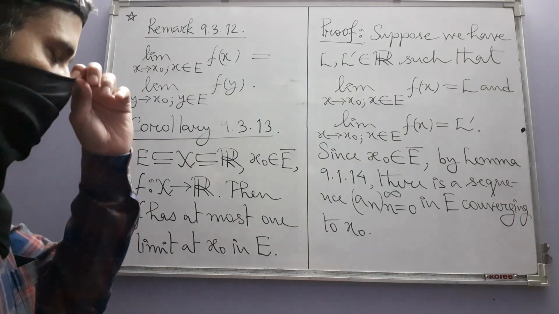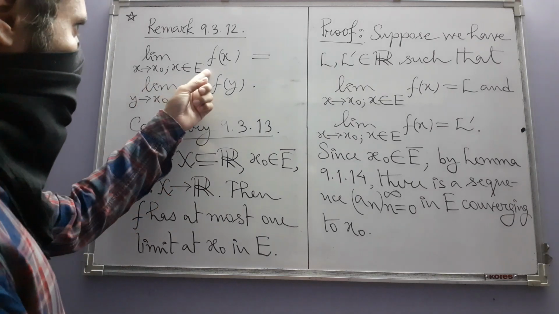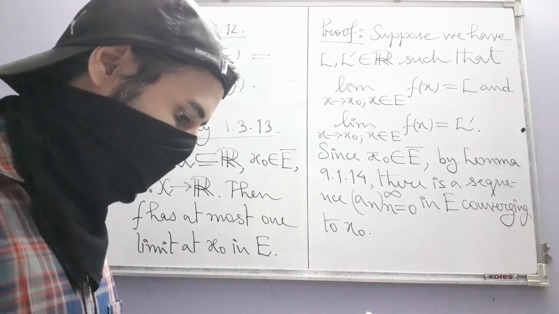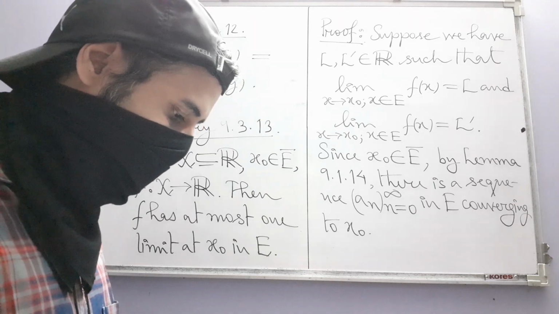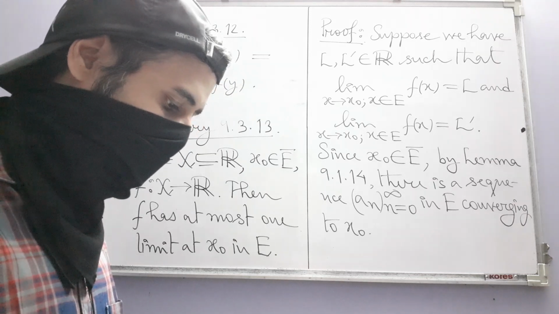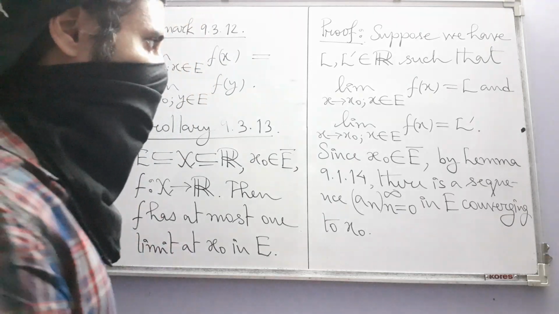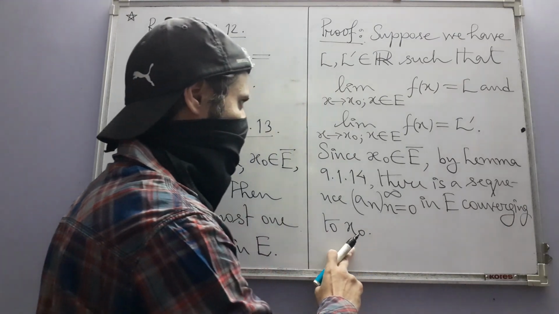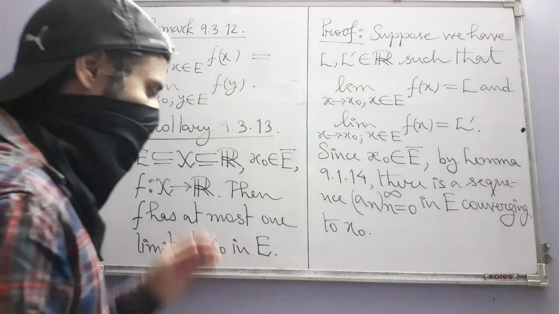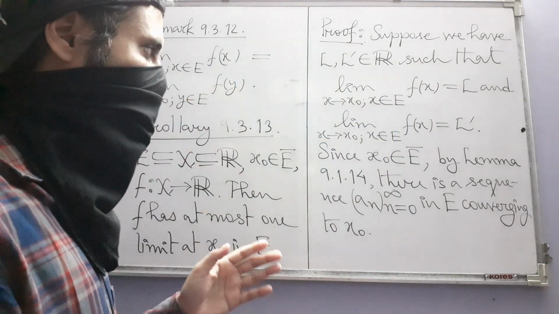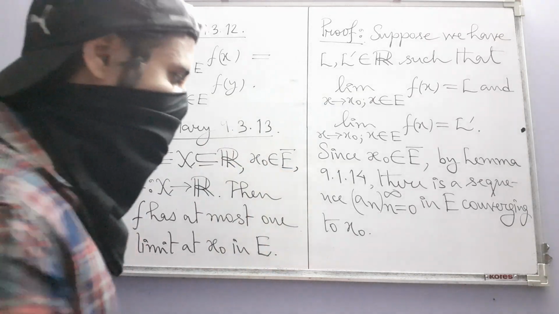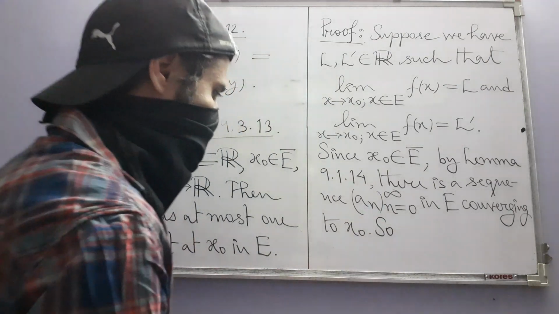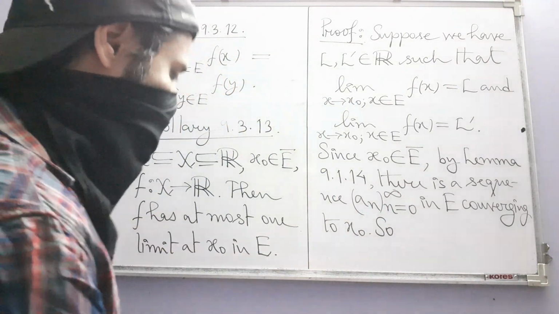But you remember the remark that we had back there, what was the number of it? It was item number 9.3.10. That if there is a sequence in E converging to x0 and we also have the limit, then the functional values will converge to the limit. But we of course refer to the actual proposition itself.